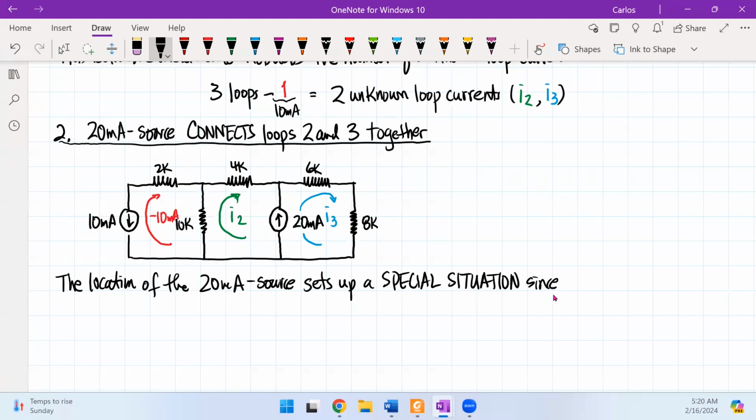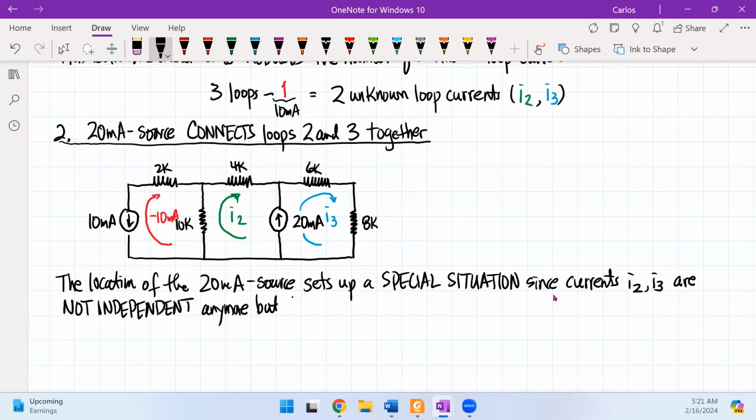Since currents I2 and I3 are not independent anymore, but dependent via KCL.